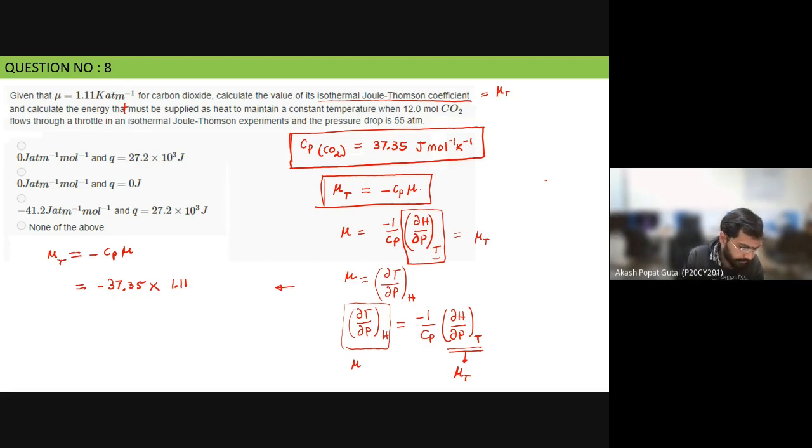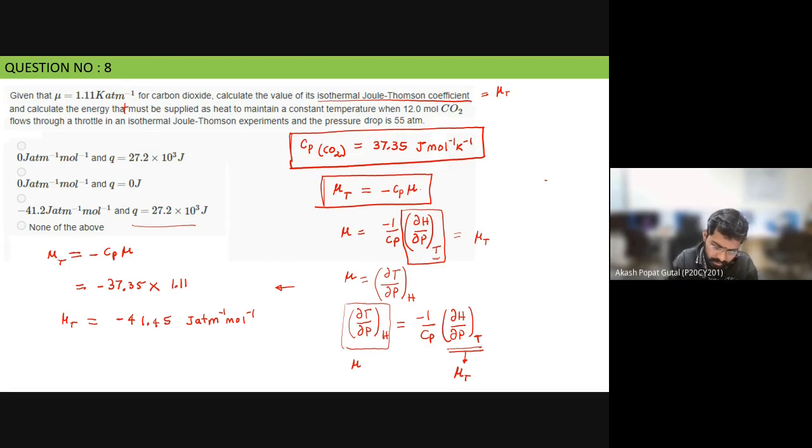So what we get is mu T equal to minus 41.45 joule atm inverse mole inverse. This is because 37.35 is approximate; because of that, it comes to something different like 41.45. Fine. Only one option is there, but we will calculate this q also.